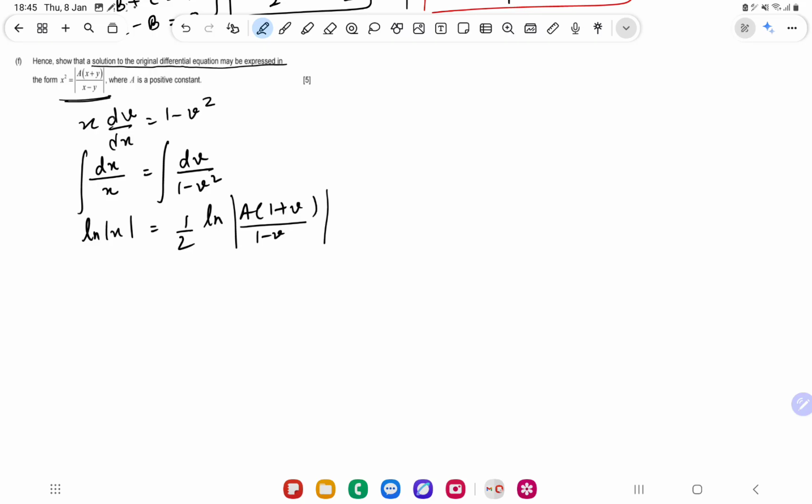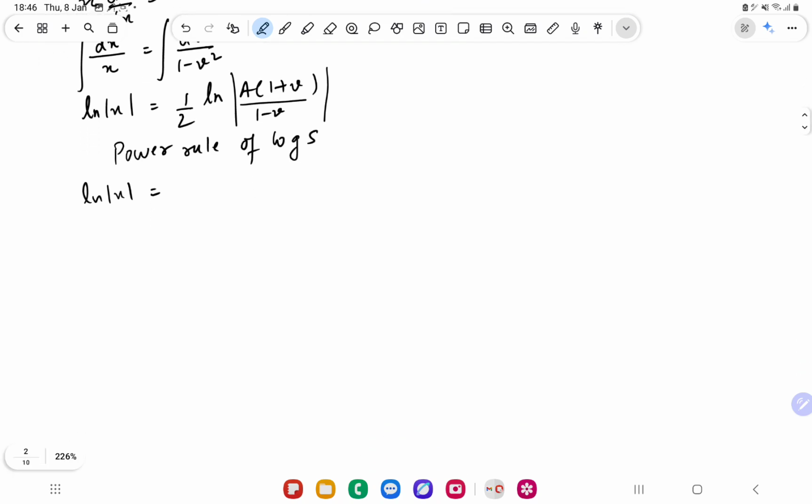Now we can attempt to use the power rule of log. So when you use the power rule of logs, that will become ln modulus x is equal to ln a 1 minus v whole to the power half.